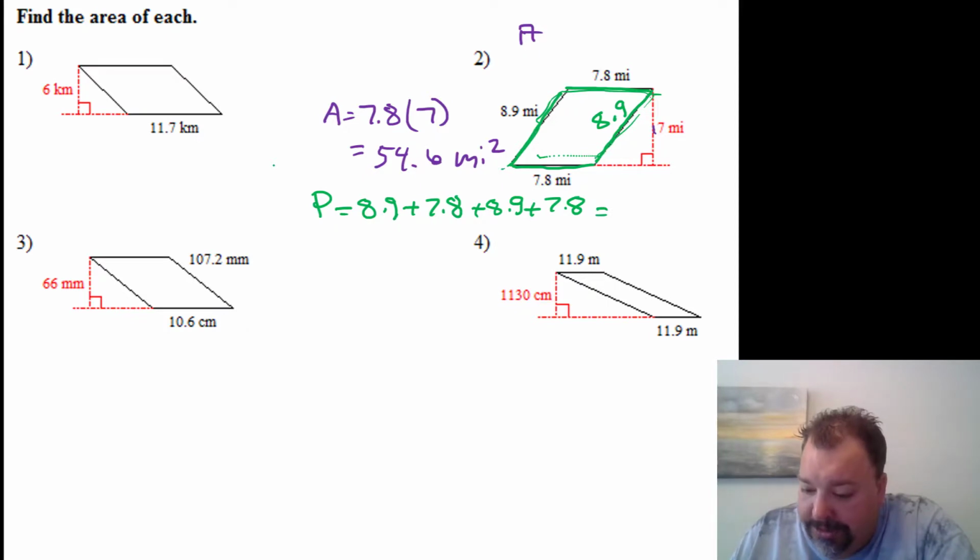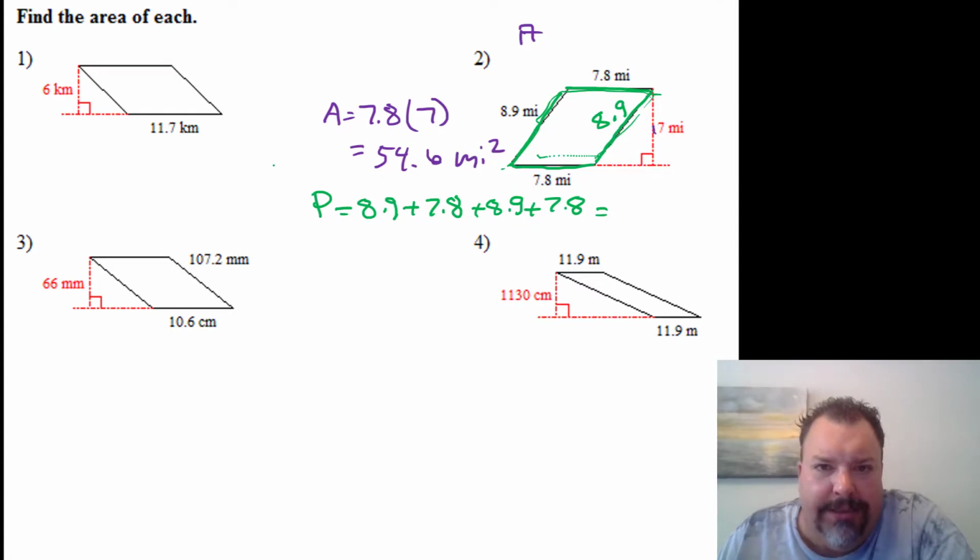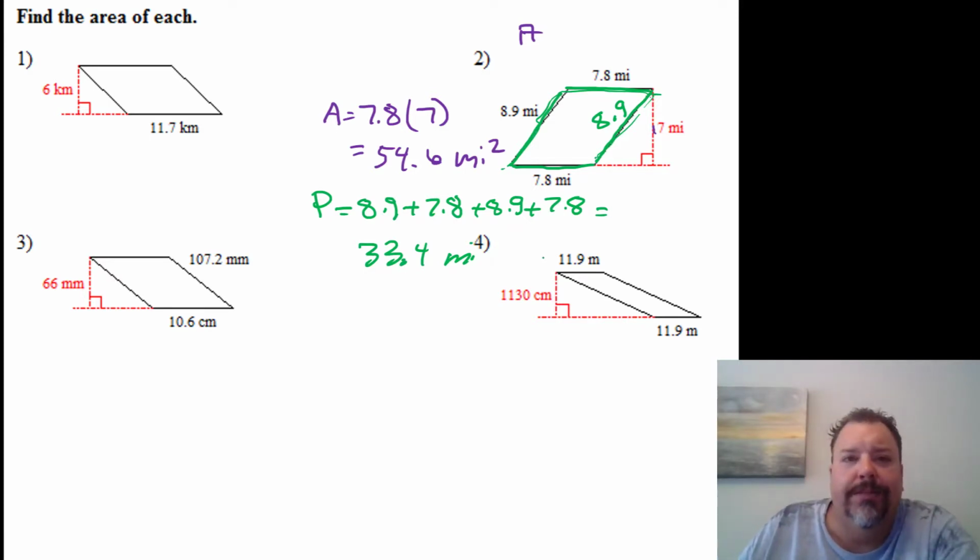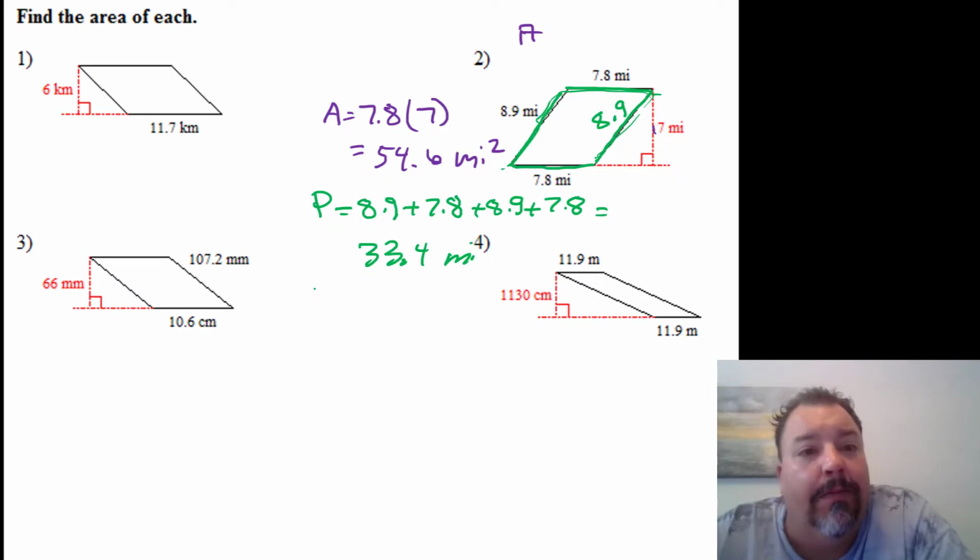Of course, we could do just 8.9 times 2 plus 7.8 times 2, similar to a rectangle. And here we would have 33.4, and this would just be miles because we're talking about the length. So 33.4 miles. So that's how we find the area and the perimeter for a parallelogram.